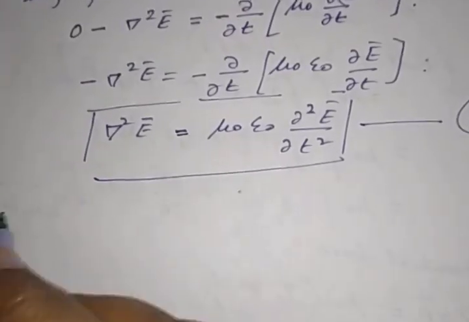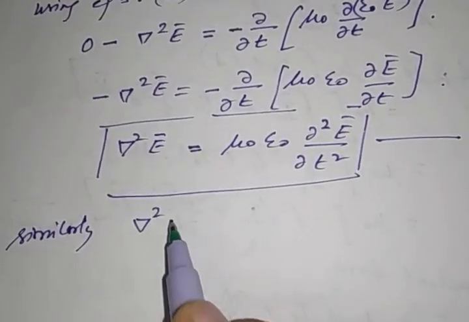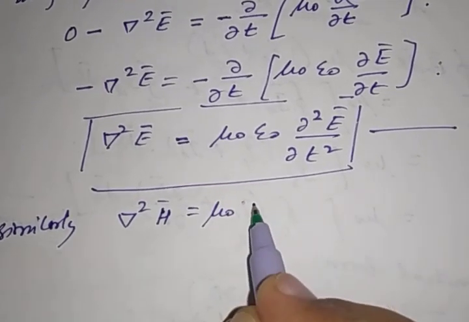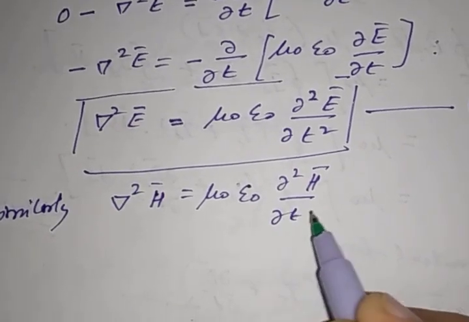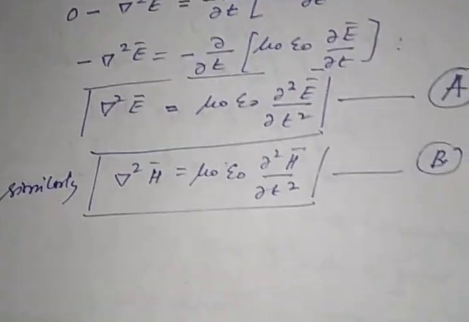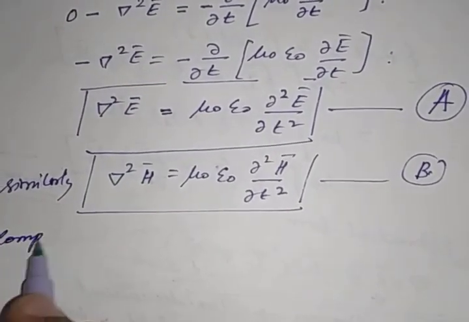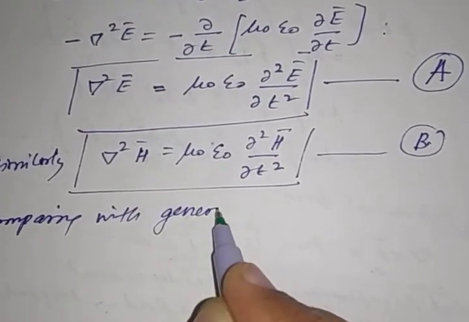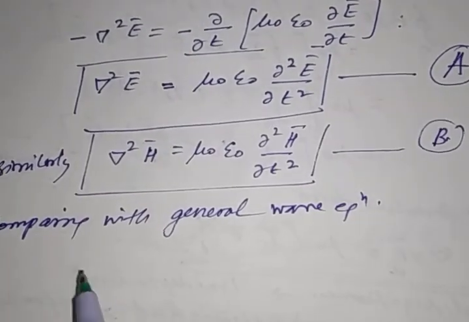So in the same manner we will get del 2 H is equal to mu naught epsilon naught del 2 H by del T square. The second equation we got. So if we compare with the general wave equation, what is the general wave equation?